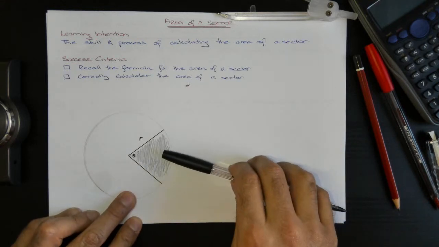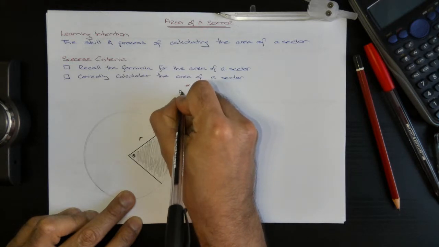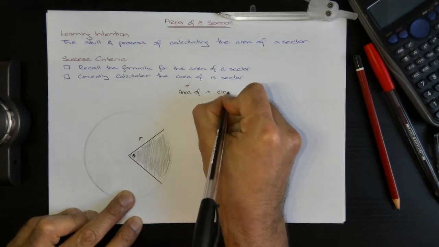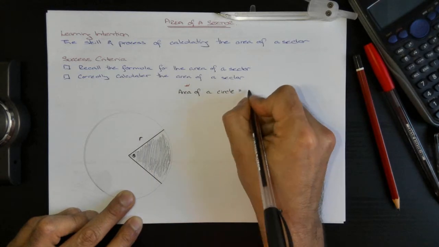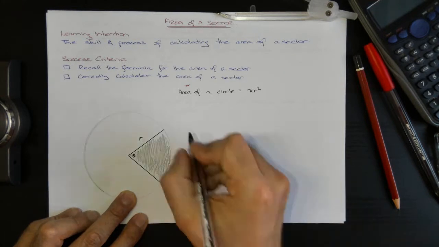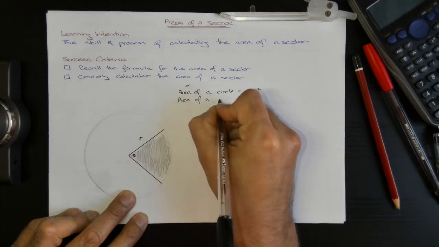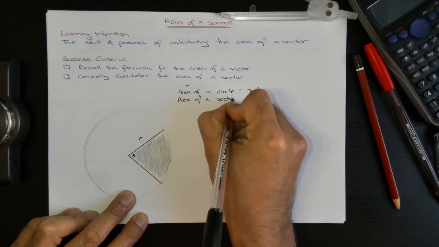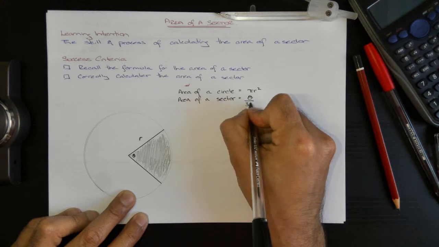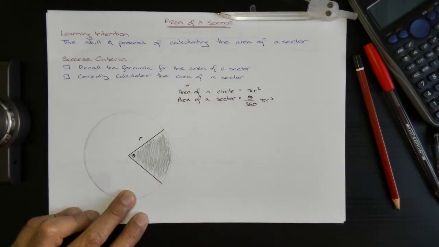So remember that the area of a circle is the formula of pi r squared. So if we want the area of a sector, and let's say we're using degrees, we would have the degrees over 360 times pi r squared.